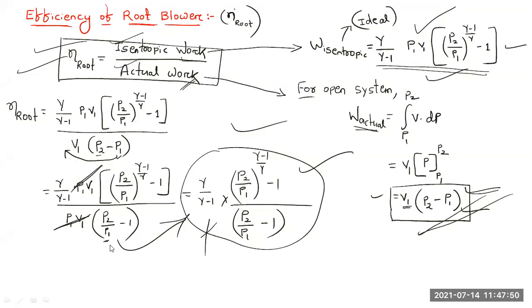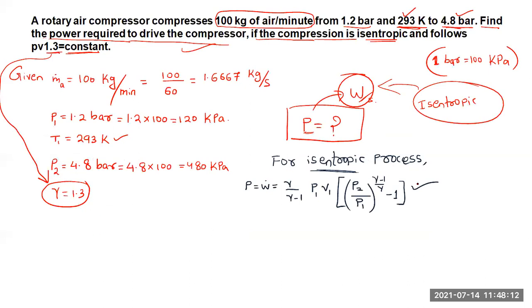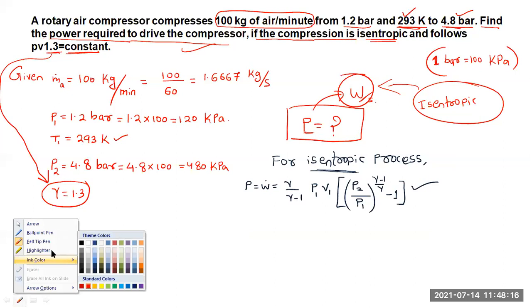Here we have done it for an isentropic process. The work done formula is gamma by gamma minus 1 times P1 V1 times P2 by P1 to the power gamma minus 1 by gamma, minus 1. Many times we have used this formula to calculate the work done, so we have written it here once again. Now we will put in all the values and get the answer.